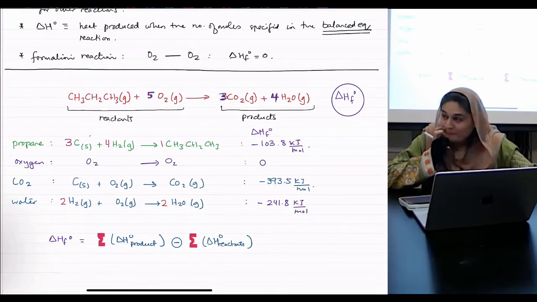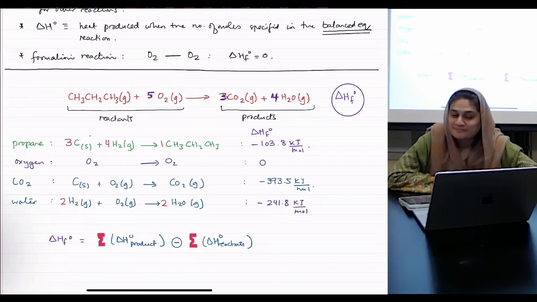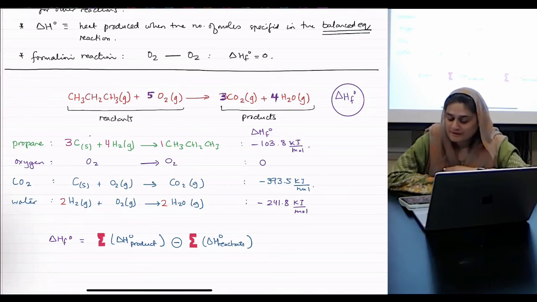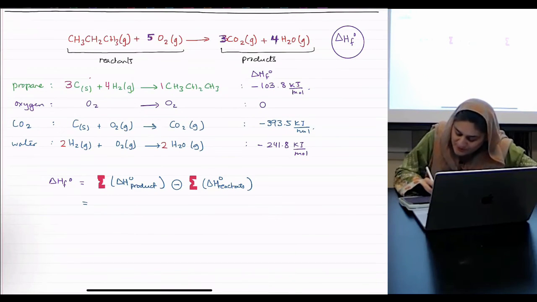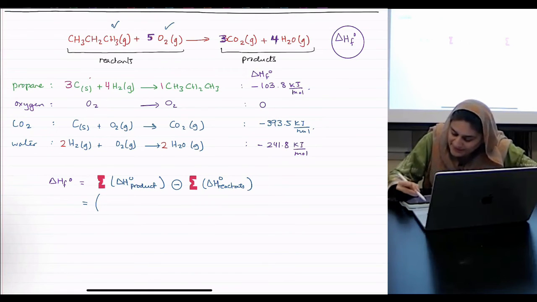Okay. So how do we do this? The products on one side. This one and that one, and this one and that one.